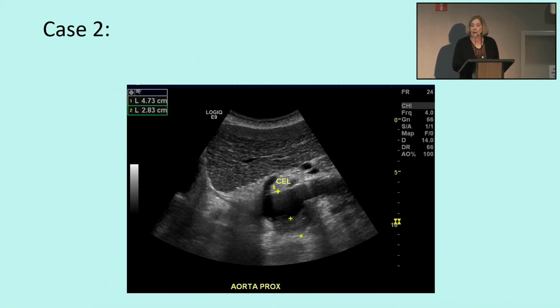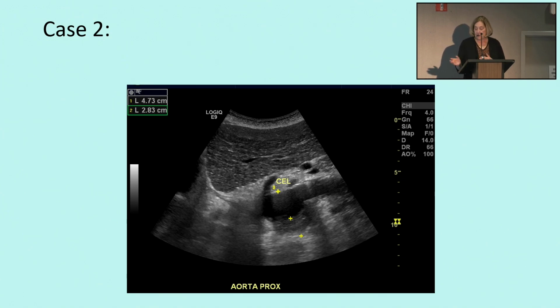If you just went quickly through or used color, you could miss it, and this is right at the level of the celiac and the SMA. So I encourage you to take those moments, and I encourage anyone who schedules to give people extra moments to change the settings and take a look, because when we looked at the video, you could see that bottom part pulsing out, and it just didn't look right.